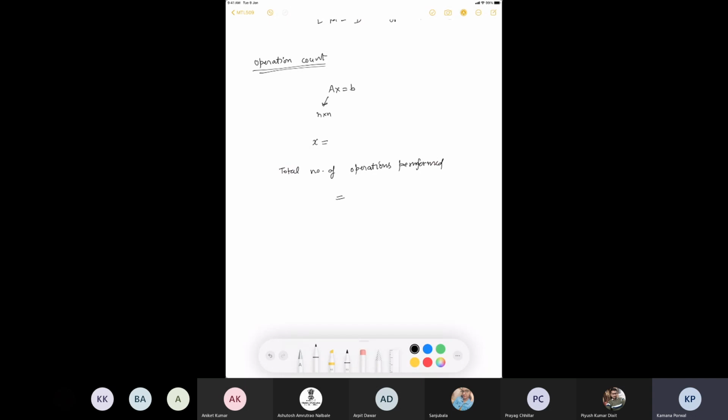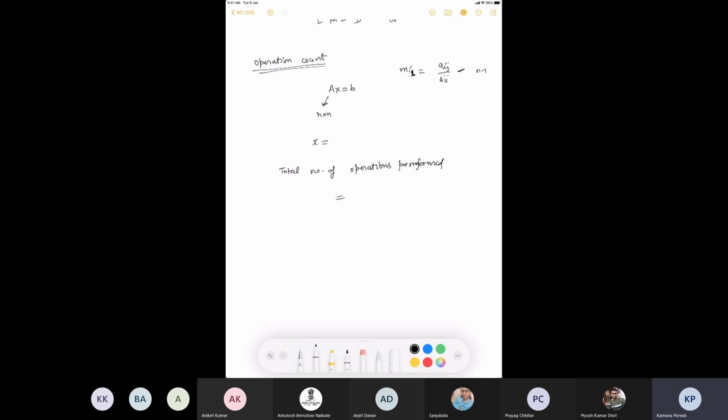Just in the first step, if you observe, you find the multipliers Mij's, right? For finding the Mij's, you basically divide Aij by Aii, right? So you have to count how many divisions are done. The total number of multipliers, when we are finding for the x1 variable, will be n minus 1. Okay, so you require n minus 1 divisions.